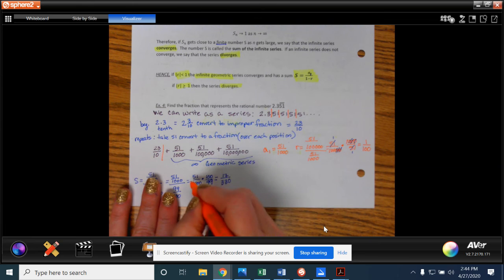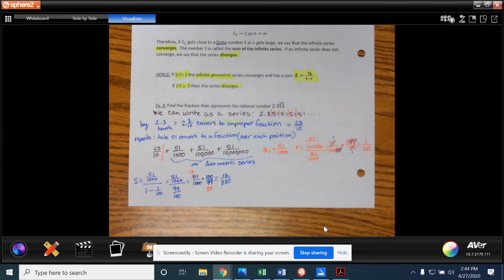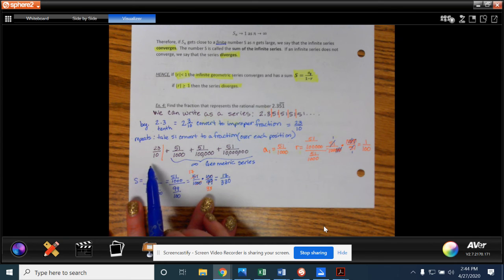So these are reducible by 3. Gives me 33 here, and this one gives me 17. These 2 zeros are gone, and you can see what happens. Now, that's just the geometric series part. That's this piece. So my final answer has to be the first piece plus the second piece.